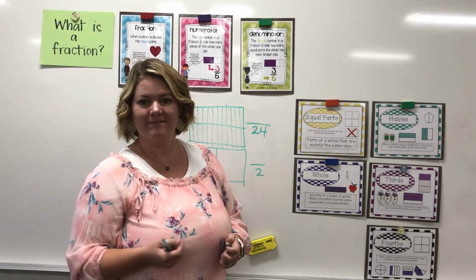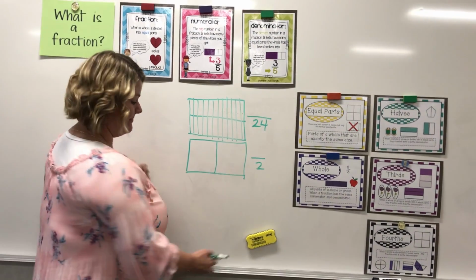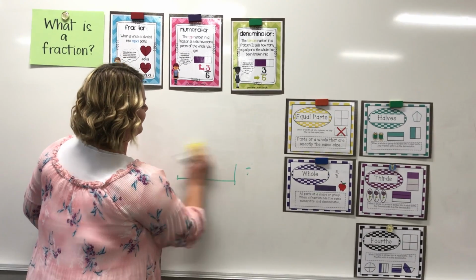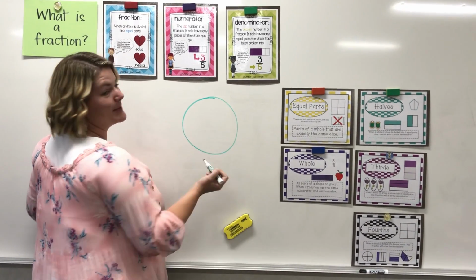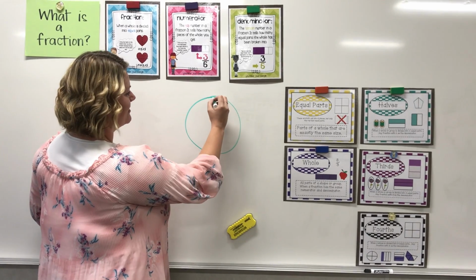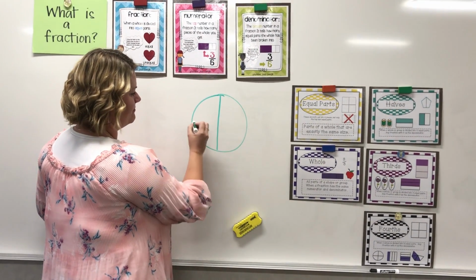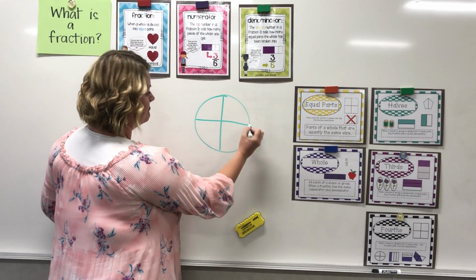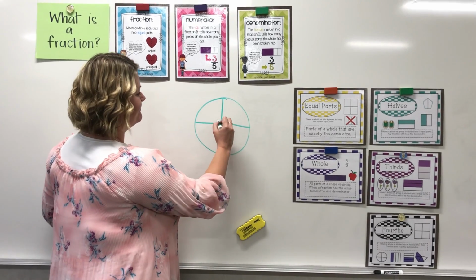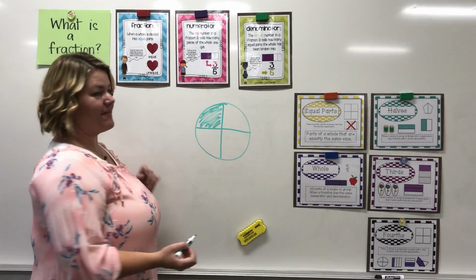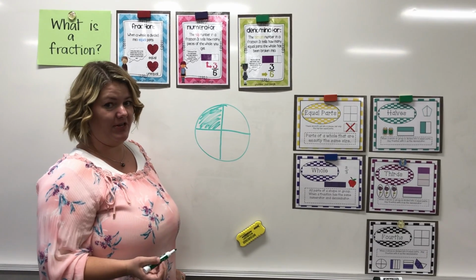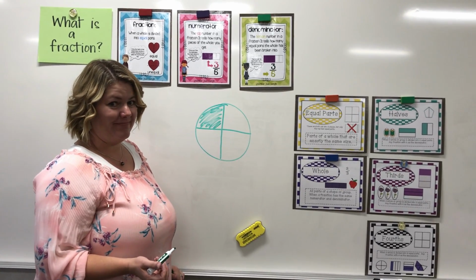So Mrs. DeBry, draw me a fraction. I'm going to tell you what it is. Okay, ask me a question about it. So if I drew, I'm going to switch it to a pie or a pizza now. Oh, so it doesn't matter your shape as long as you have equal size pieces or equal parts? Mm-hmm. Okay, now, what fraction of this shape is colored in? Oh, so I'm looking at the colored part.